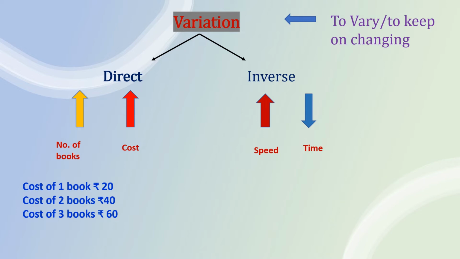In inverse variation, now I have shown one quantity as speed and one quantity as time. The speed arrow is facing upward, that is increase, and the time arrow is downward, that is decrease. I'll give you the best example from your real life.